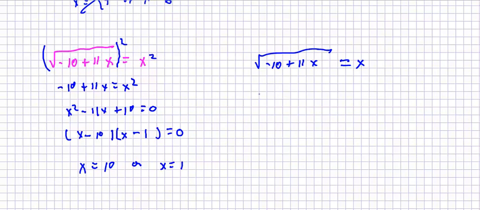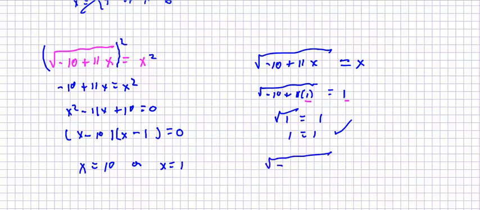And then I have the square root of negative 10 plus 11 times 1 equals 1. I substituted for x my 1 here. And 11 minus 10 is 1. Square root of 1 equals 1. Yep, that checks. 1 equals 1. It's good. I could put in positive 10.